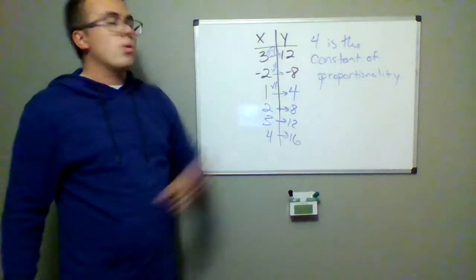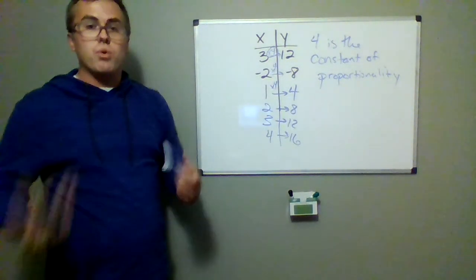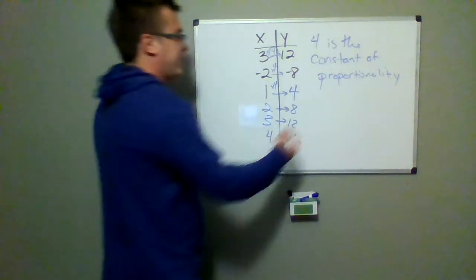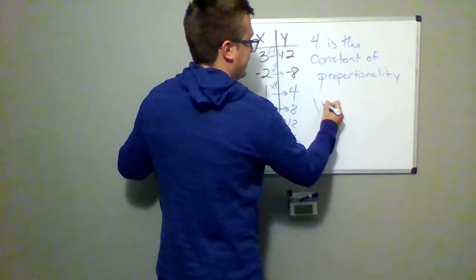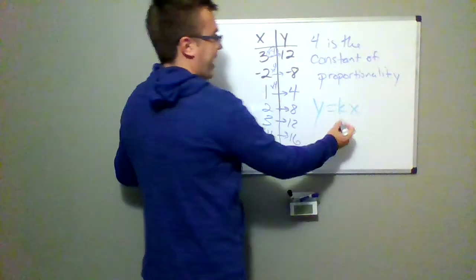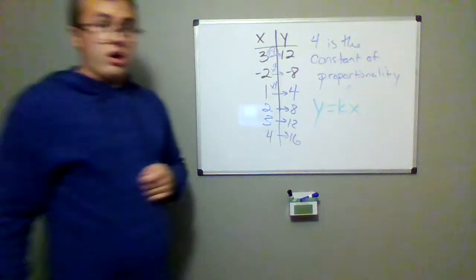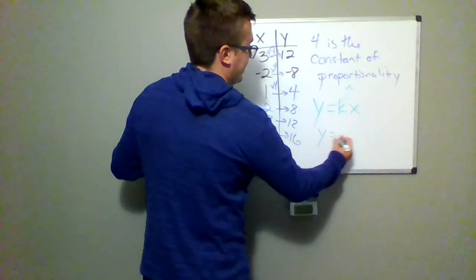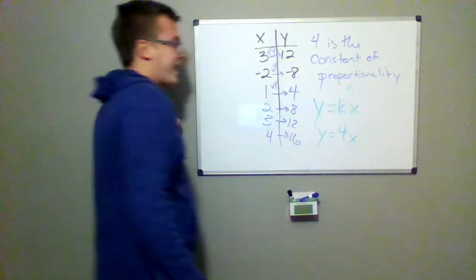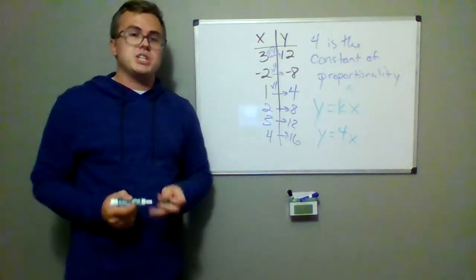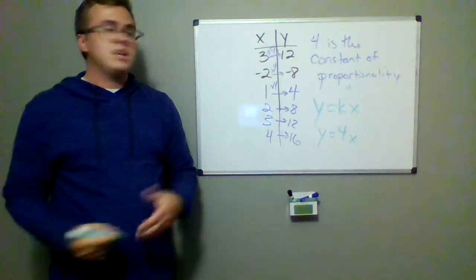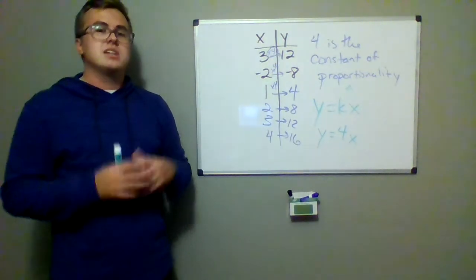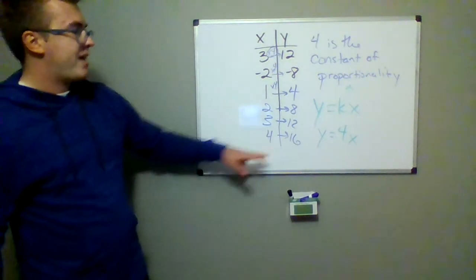Now, I said that 4 is the constant of proportionality, which means that if we write our equation in the form of y equals kx, where k is this constant of proportionality, then our equation would just look like y equals 4x. So direct variation is pretty easy. It's kind of the basic or the backbone of linear functions. It's the most basic type of linear function that you can have.